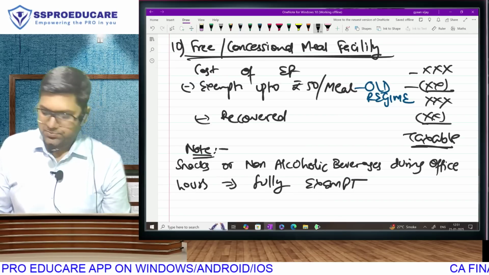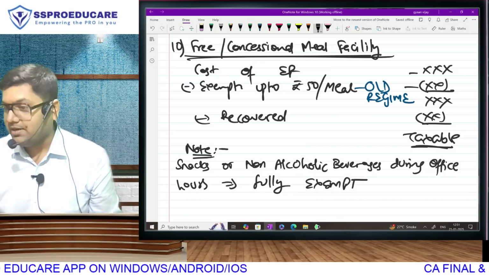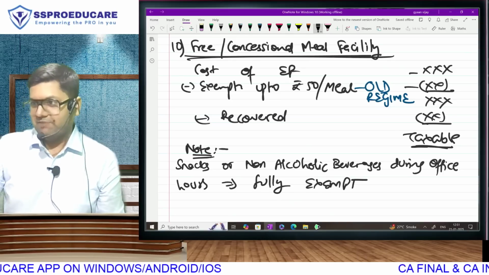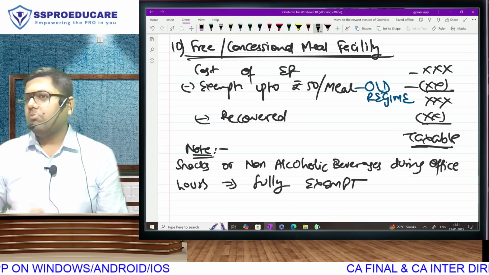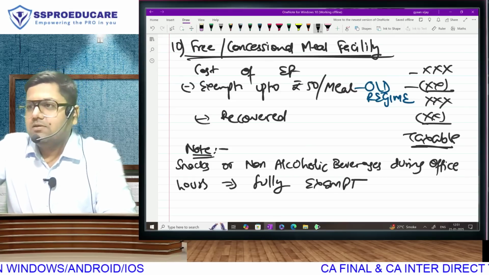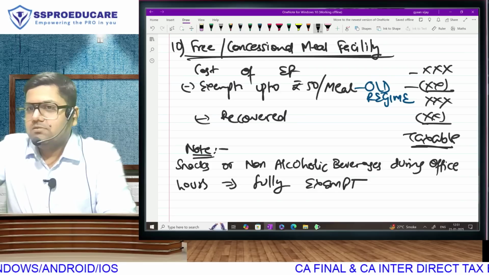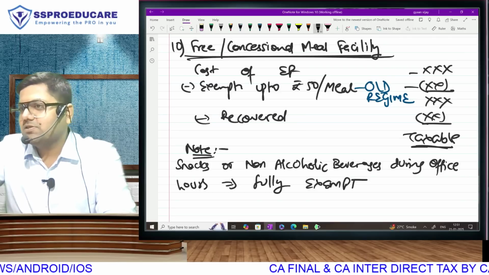Only when your employer is providing you a proper full-fledged meal, that will be taxable if more than 50 rupees, minus the recovery, of course. But if your boss is providing you snacks, by the way, that snacks part is also a scam.